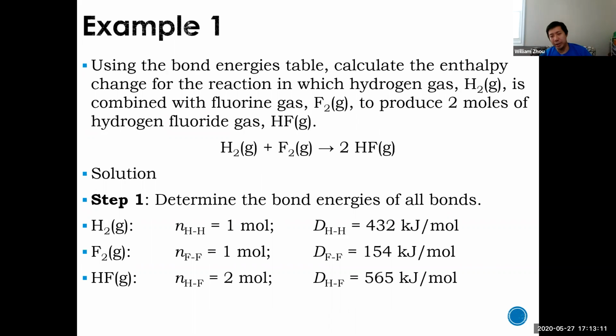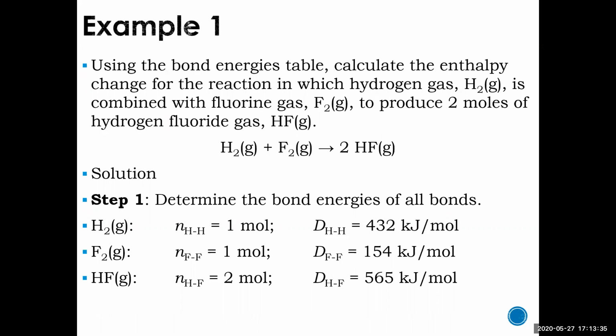The bond energy is 565 kilojoules per mole, as indicated by the table. Does that make sense so far? So you understand how I get these values. You just whip out the table and take a look. As for n, you just count how many bonds exist based on your balanced chemical equation.